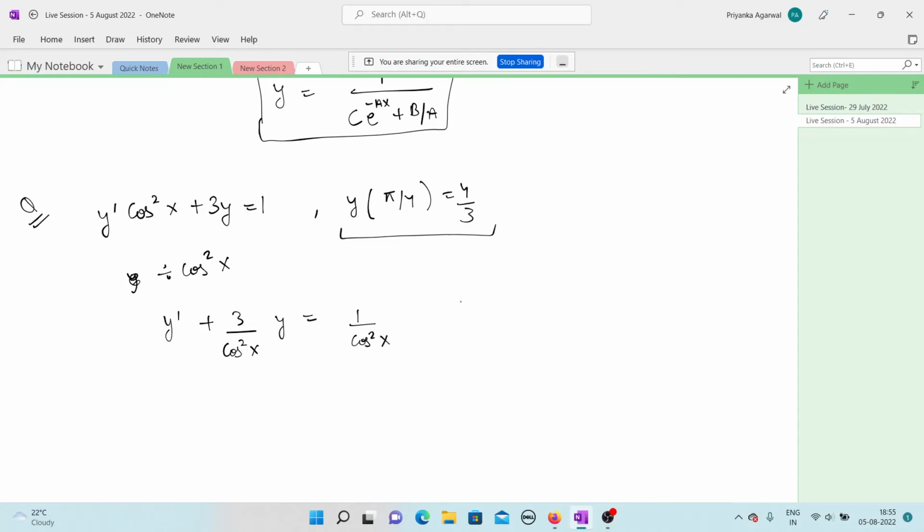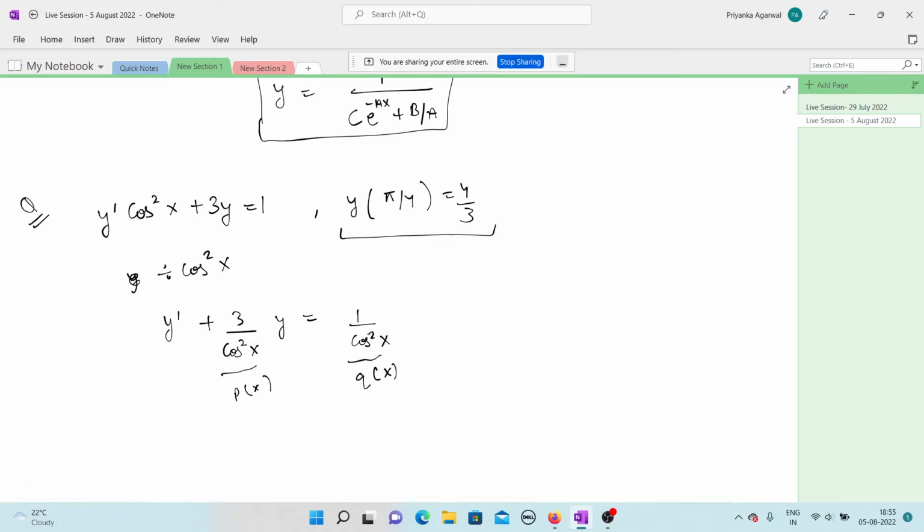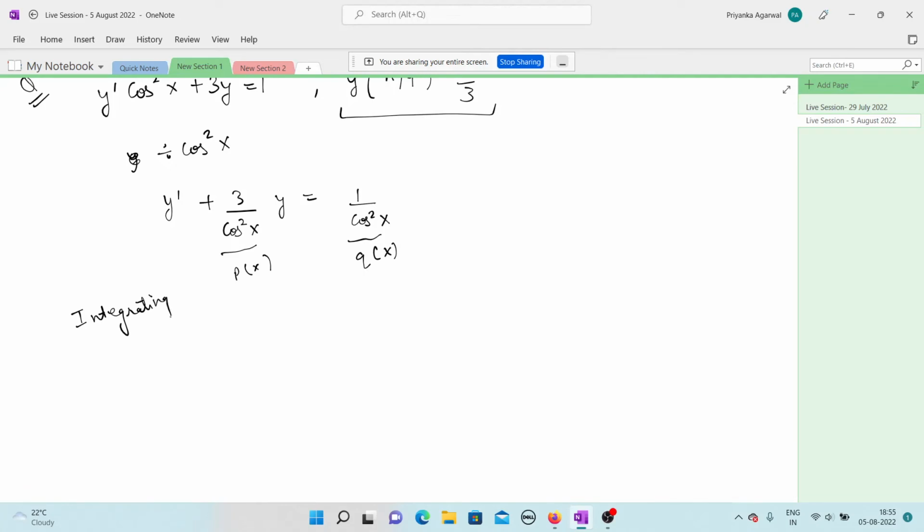Now this is the familiar form, where this function is p(x) and this function will be q(x) or g(x), any nomenclature. So the integrating factor μ(x), what will it be? e to the power integral of p(x) dx, and that becomes the integral of 3/cos² x dx.